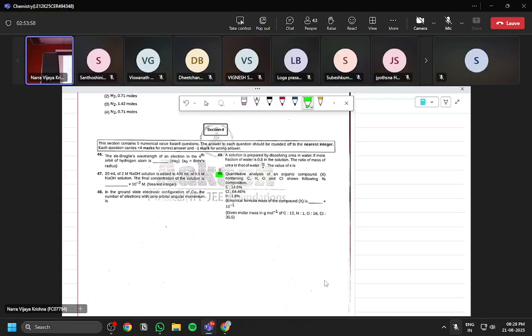What do you need to do first? So carbon, chlorine, hydrogen. 14.5 by 12. 64.46 divided by 35.5. 1.8 by 1. Does this total equal 100 or not? 64.5, 14.5. 79. 79 plus 1.8 is 81, close to it.